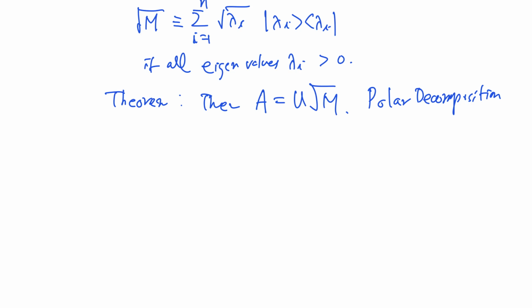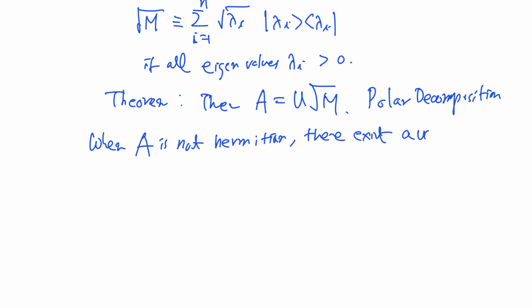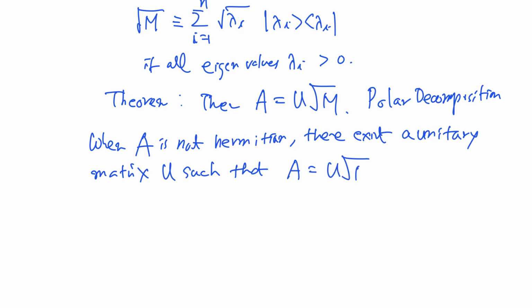So for general A, that means when A is not Hermitian, there exists a unitary matrix U such that A is U square root of M.